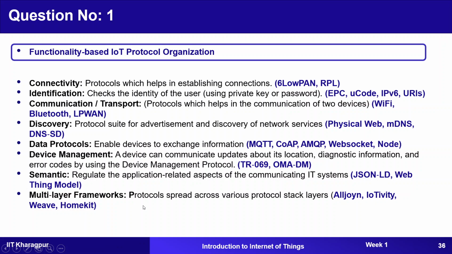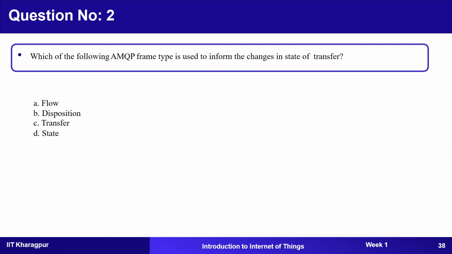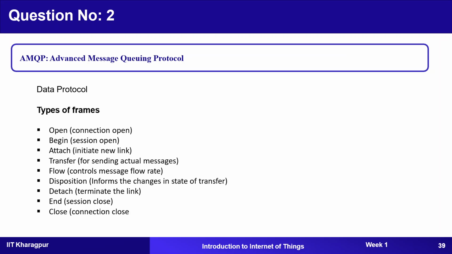Next question is which of the following AMQP frame type is used to inform the changes in the state of transfer? Options are flow, disposition, transfer, state. Anyone? Okay. So basically in case of your AMQP, these are the different types of frames.